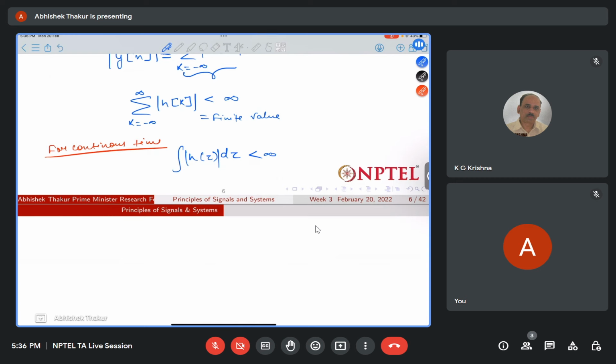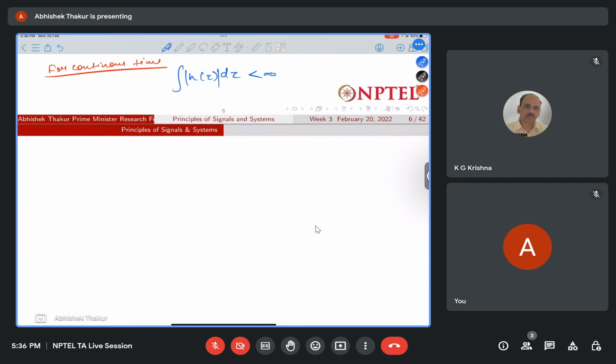So we can solve a few questions on this. Let's solve one question. This is a GATE question from the GATE book.